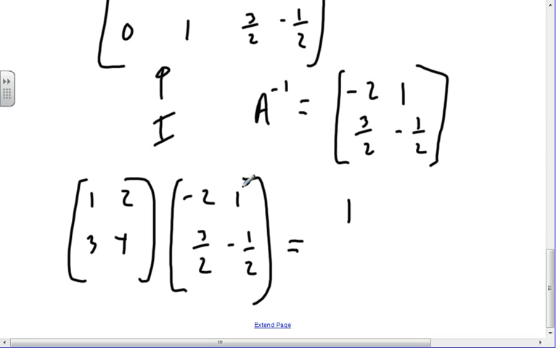First row, second column, 1 minus 1, 0. Second row, first column, I got minus 6 plus 6, 0. Second row, second column, 3 minus 2, 1. My answer is correct.